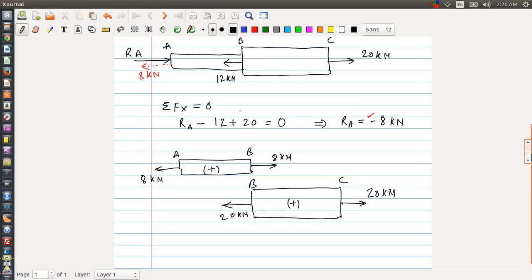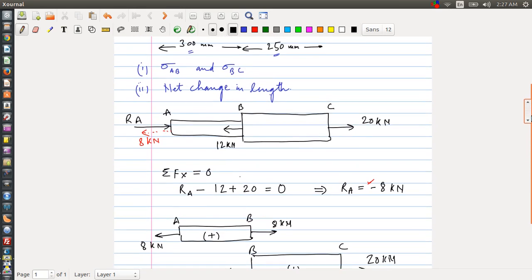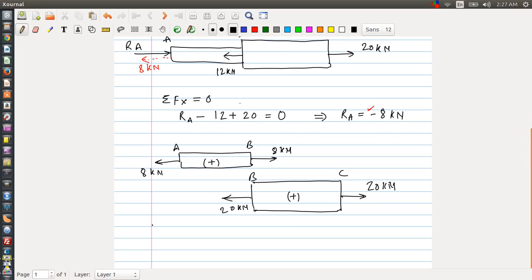Now the first part of the problem is to calculate the stresses produced in the sections AB and BC. So the job will become pretty simple now onwards. The stress in portion AB is nothing but load upon area for the portion AB. So it's going to be 8 kilonewton divided by pi by 4 into 20 square, the area of cross section in mm square.